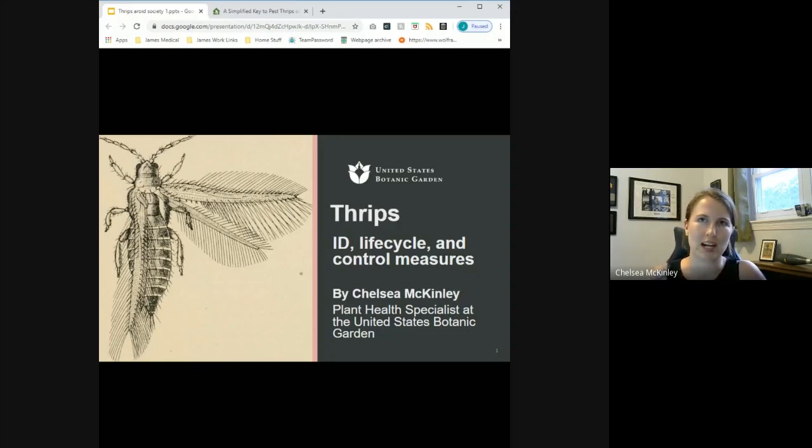Azadirachtin is a chemical that was originally discovered in the neem tree, and that is an insecticide that works fairly well. They aren't quite sure of its mode of action, but they think it's kind of like an insect growth regulator, so it affects how they molt or reproduce.